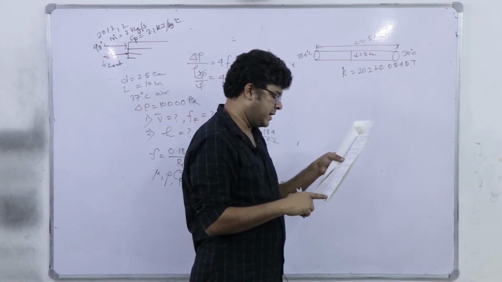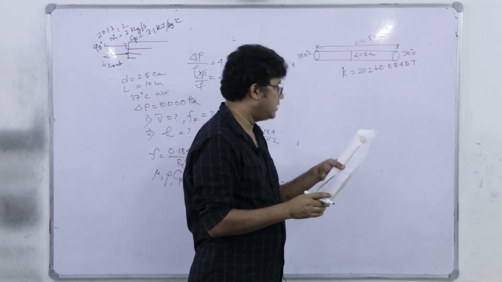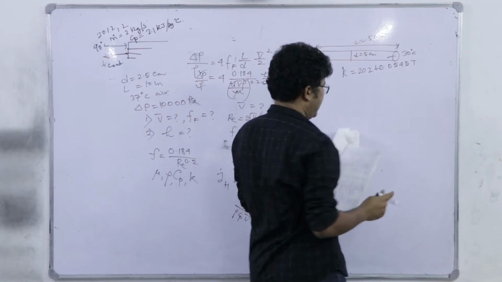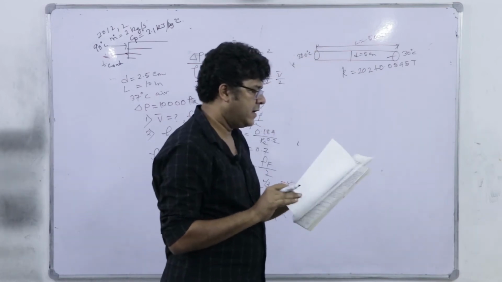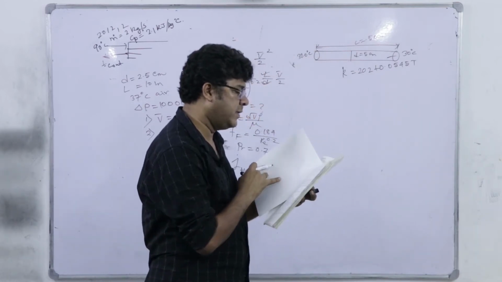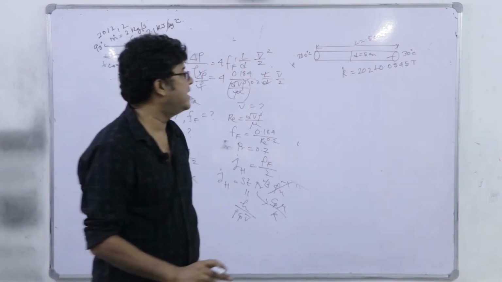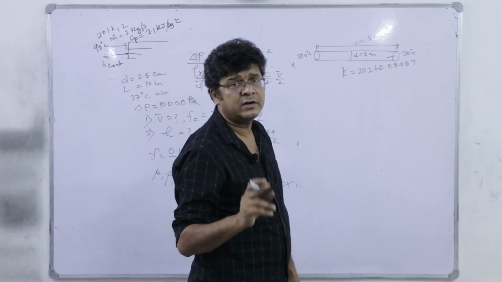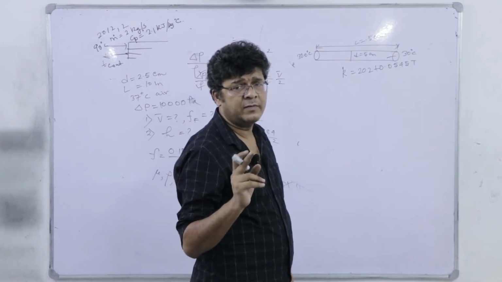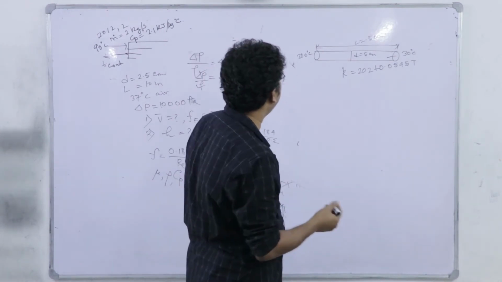Calculate the temperature gradient at the end of the rod. Here we have to find this dT/dx, and next the temperature midway along the rod, that is the absolute value of the temperature at x equal to L by 2.